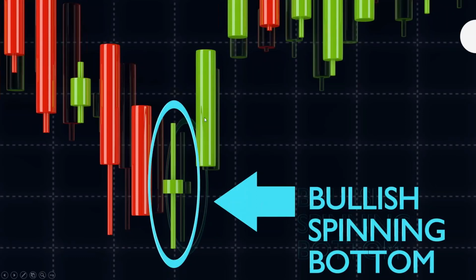This is a 3-bar pivot low, meaning that the next 3 to 5 bars will be bullish bars. Now, you can learn the name of it, which is bullish spinning bottom, or just know the formation, okay? Either way you go, it is the same thing.